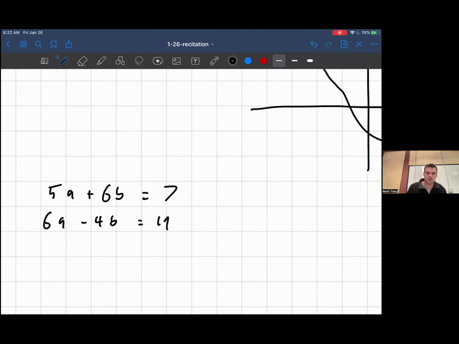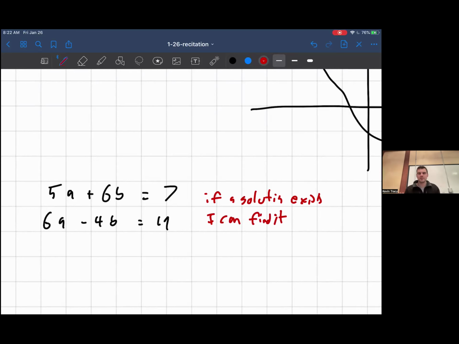If I told you to solve for a and b, you could do so. If a solution exists, I can find it.